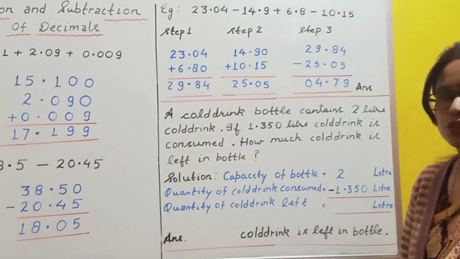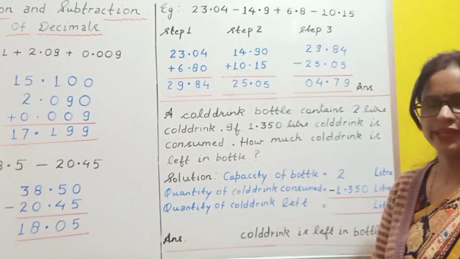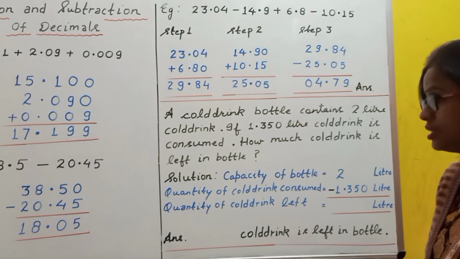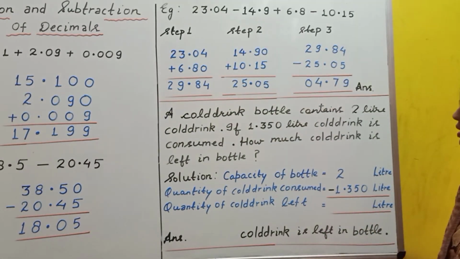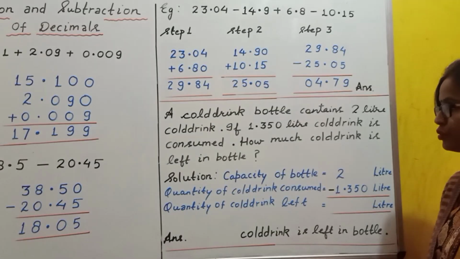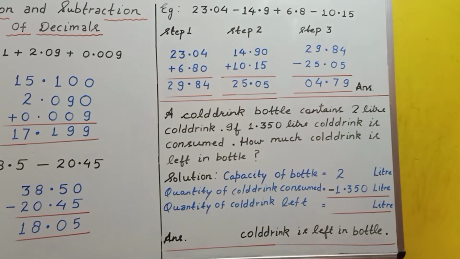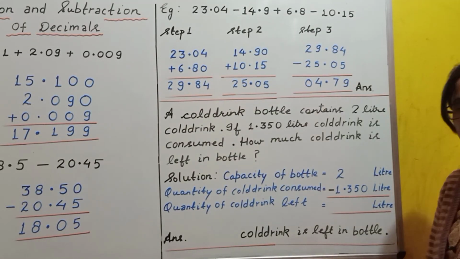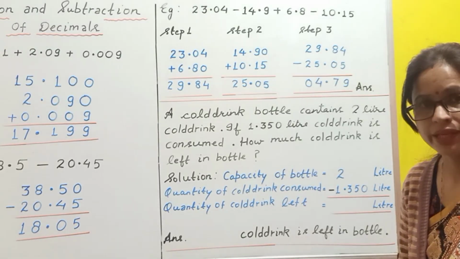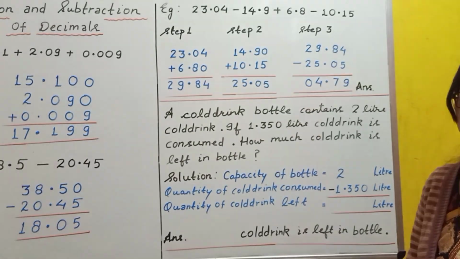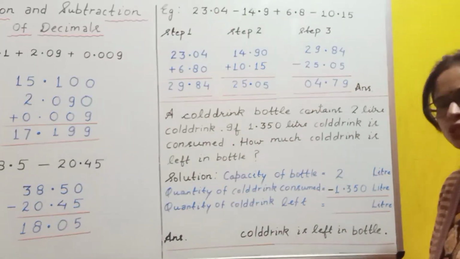Now we will discuss the word sums based on addition and subtraction. So see the question. A cold drink bottle contains 2 liter cold drink. If 1.350 liter cold drink is consumed, how much cold drink is left in the bottle? So children, first of all we have to identify which operation should be applied, addition or subtraction.